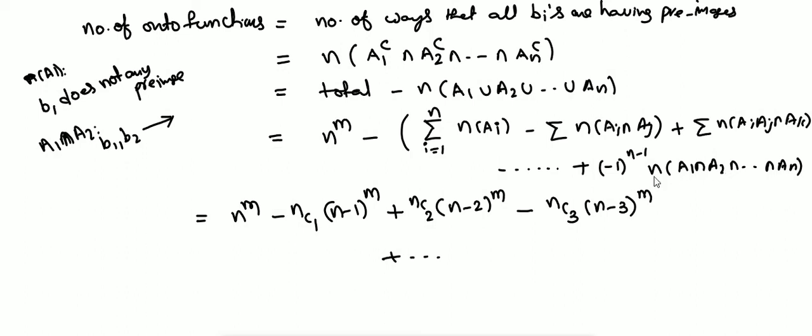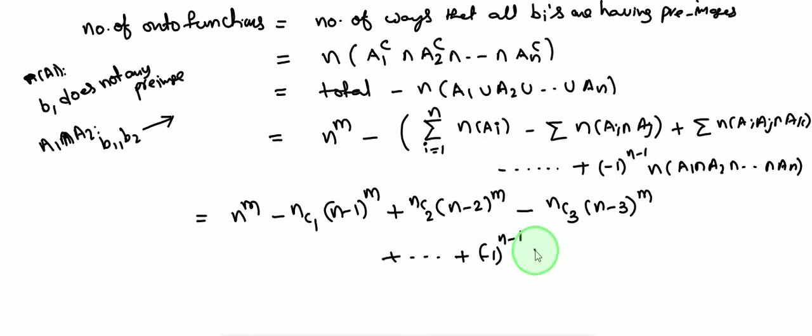So we go to the preceding term, which is minus 1 power n minus 1. How many sets will be there? nC(n minus 1), a combination of n minus 1 sets. It means n minus 1 elements do not have any pre-images.